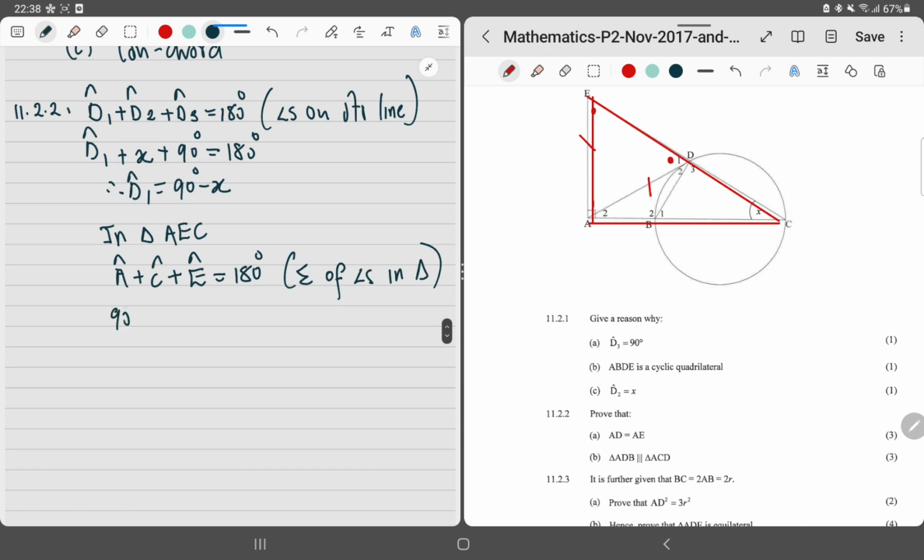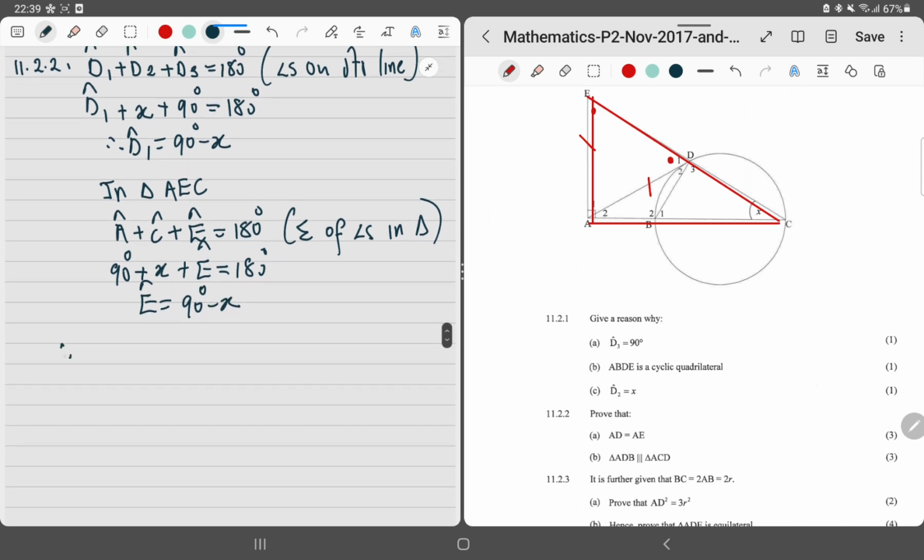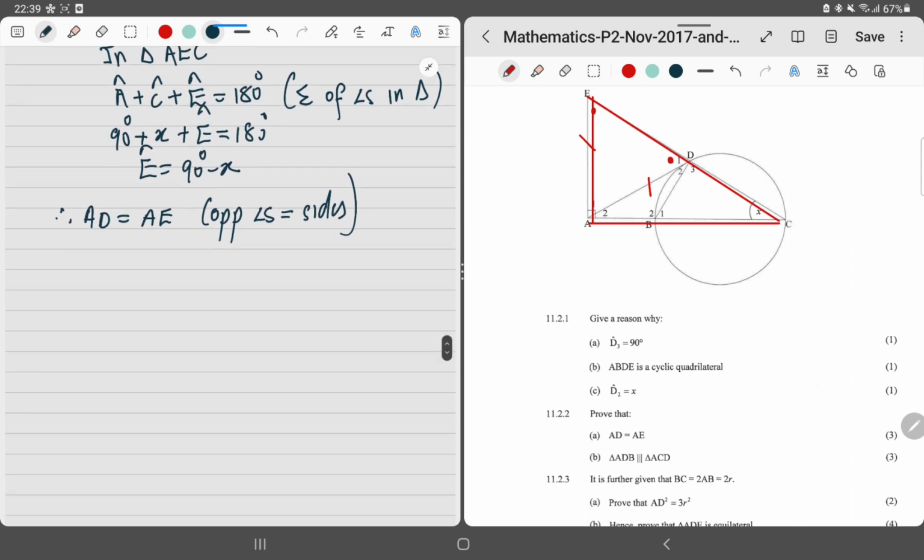And then A is 90, C is X, plus E. So E is equal to 90 degrees minus X. This implies that AD is equal to AE, opposite equal angles give equal sides. And then B.